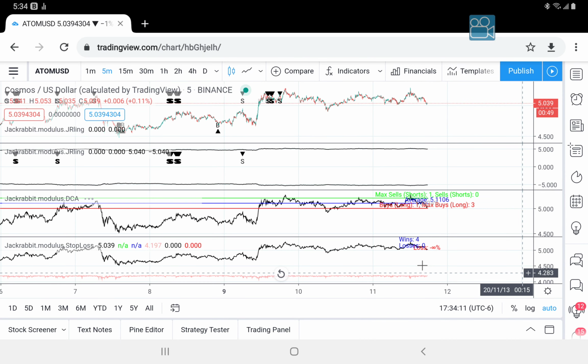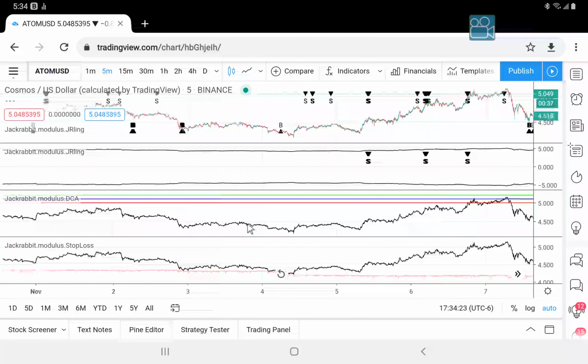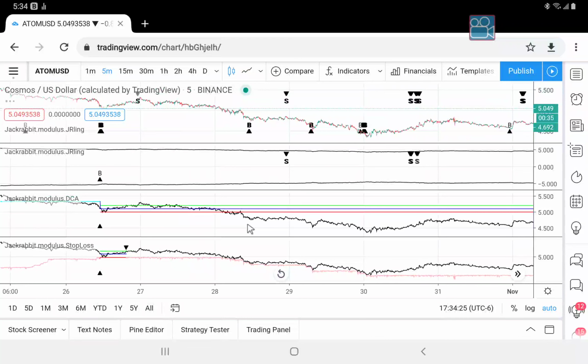You'll notice right away that you're getting in at the lowest points possible that it believes are the low points, and you're getting out at reasonably good high points. So here, it gets in, gets out right away.